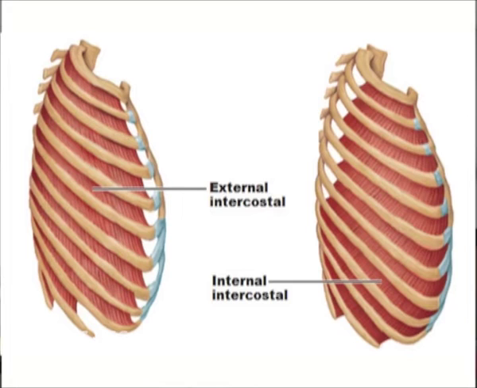These consist of 2 layers of short muscle fibers which extend between the edges of adjoining ribs, the external running downwards and backwards, the internal running downwards and forwards, the former serving to raise the ribs.